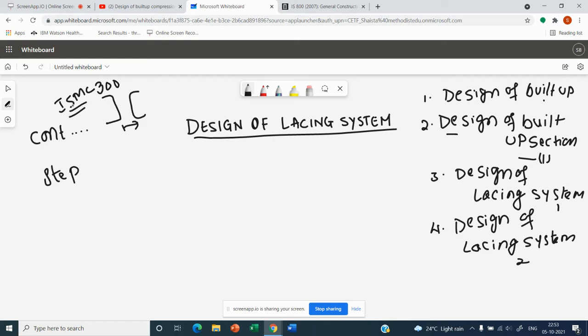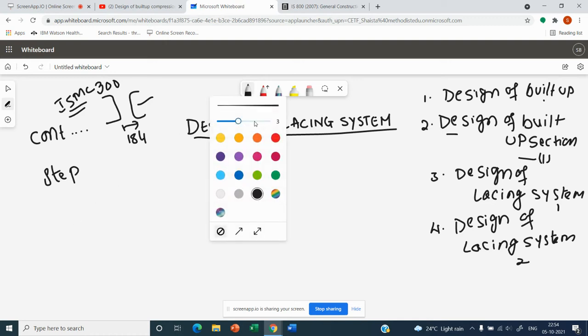So ISMC 300 with the sections placed back to back, the spacing between those two sections we got as 184 mm. So this was the design which we did in the last video. Section was ISMC 300. Now in this video, we are designing the lacing system.